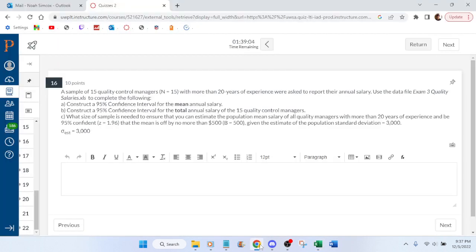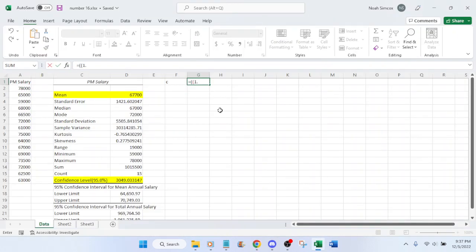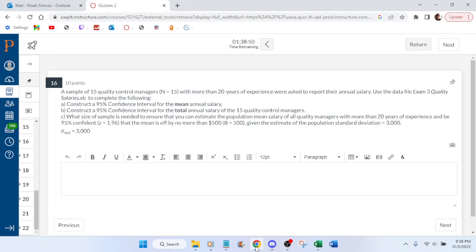The z multiple is going to be 1.96. Then we multiply that by the estimated standard deviation, which is going to be 3,000.